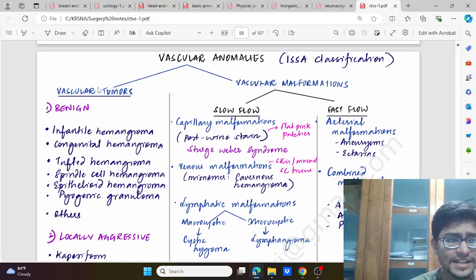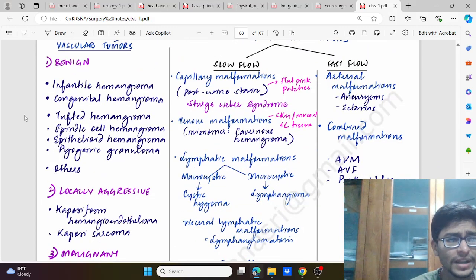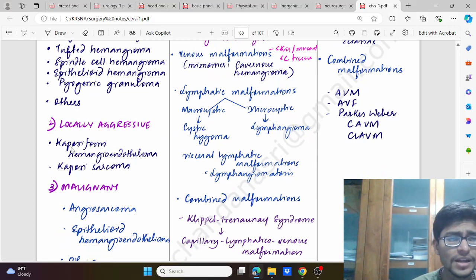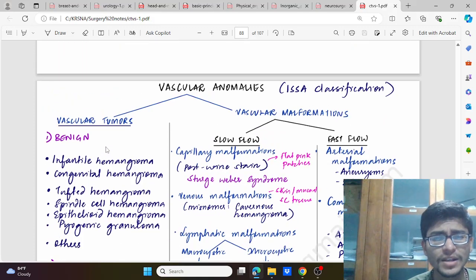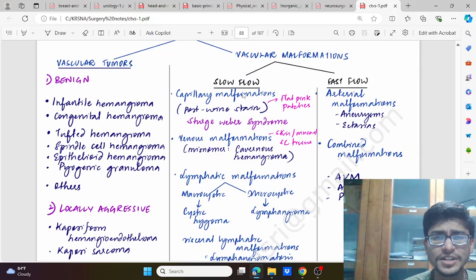Benign vascular tumors are infantile hemangioma, congenital hemangioma, tufted hemangioma, spindle cell hemangioma, epithelioid hemangioma, pyogenic granuloma, etc. Locally aggressive ones are Kaposiform hemangioendothelioma and Kaposi sarcoma. Malignant ones are angiosarcoma, epithelioid hemangioendothelioma, etc.